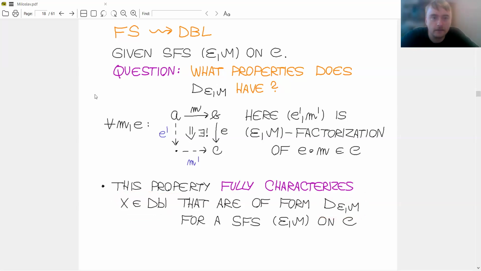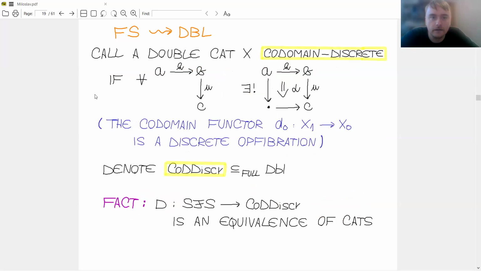So all this is quite elementary. In my paper, I call these double categories codomain discrete. A double category is codomain discrete if every top right corner admits a unique filler. The reason for this terminology is that the codomain functor, the functor that sends, for example, the square to this component, is a discrete opfibration.